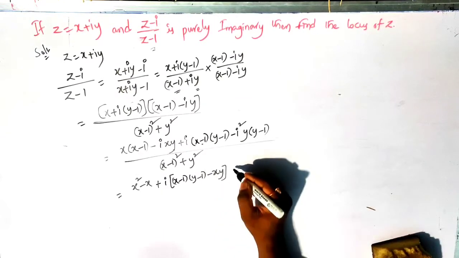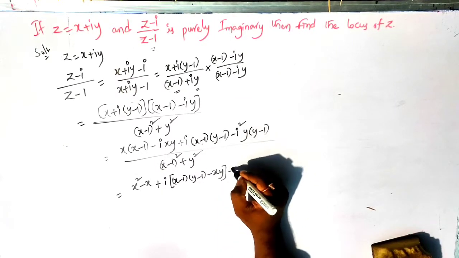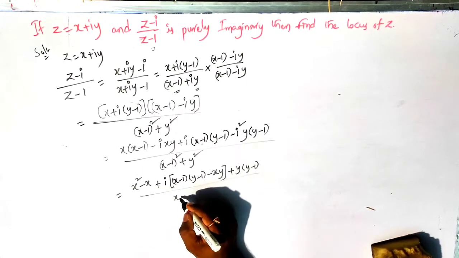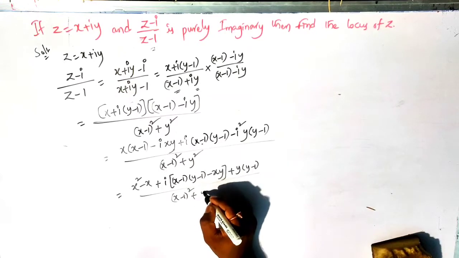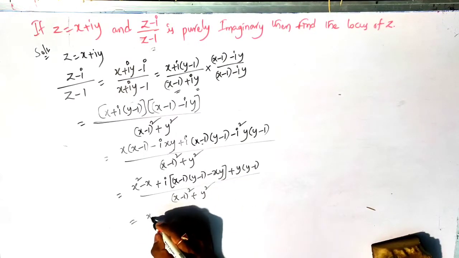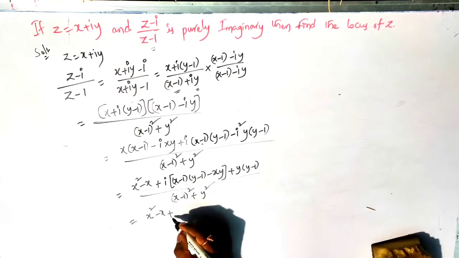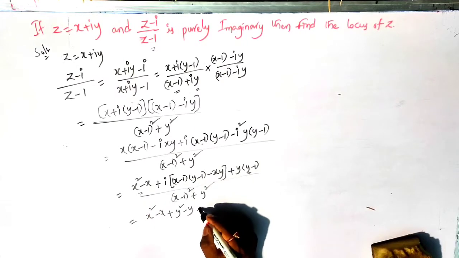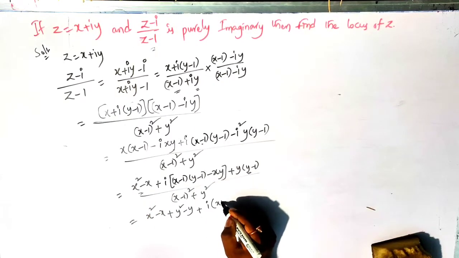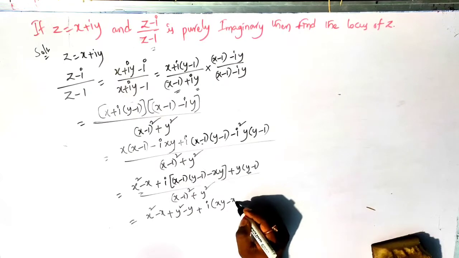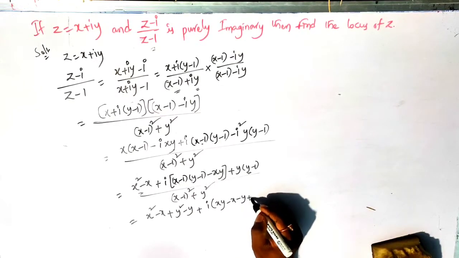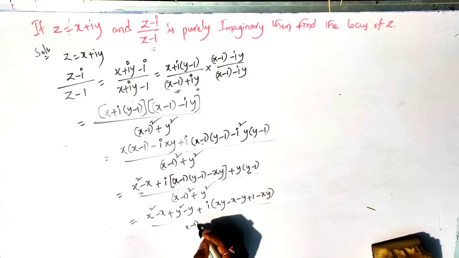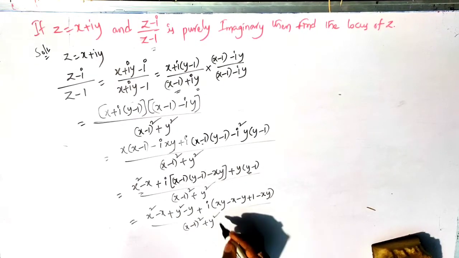And i square value is minus 1, so we get plus y of y minus 1, all by x minus 1 whole square plus y square.